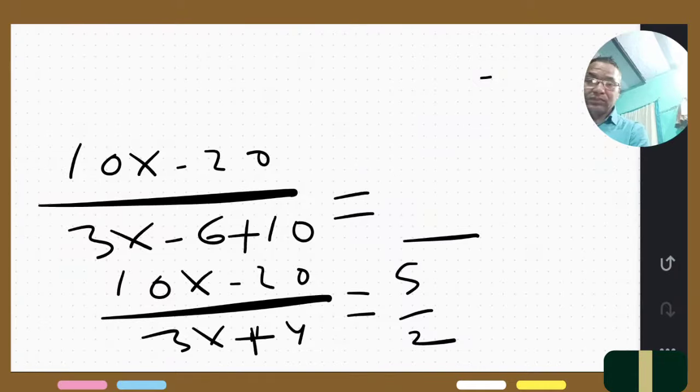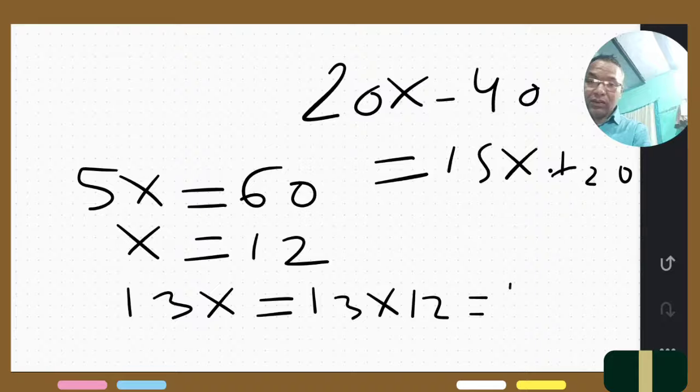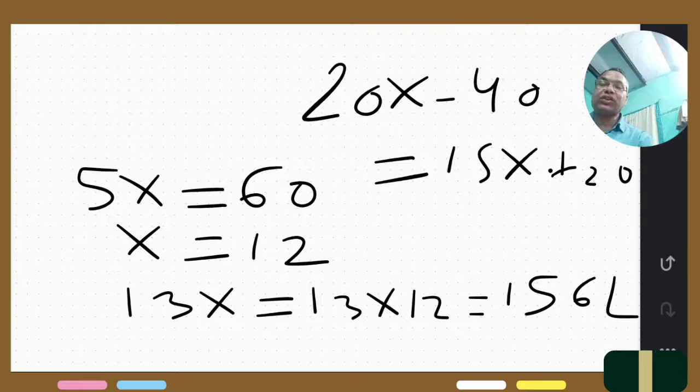Now what is asked? The original quantity of mixture in the vessel. So the total original quantity of the mixture was 10 plus 3, 13 units. So 13 units will be 13 into 12 equal to 156 liters.